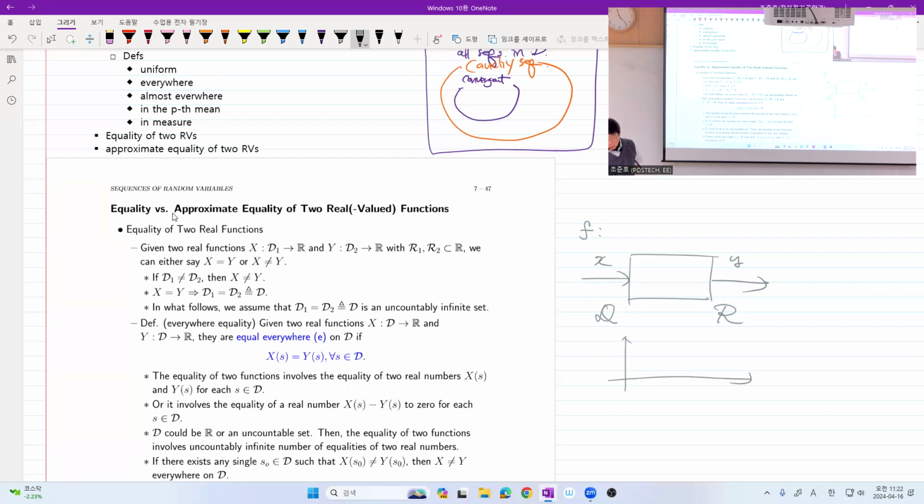What is another visualization method? Suppose x and y are real numbers, then a graph is a very good way to understand. Be careful, a graph is different from what? The function. See that? A function is a triplet. You need the domain, the codomain and the mapping rule, right?